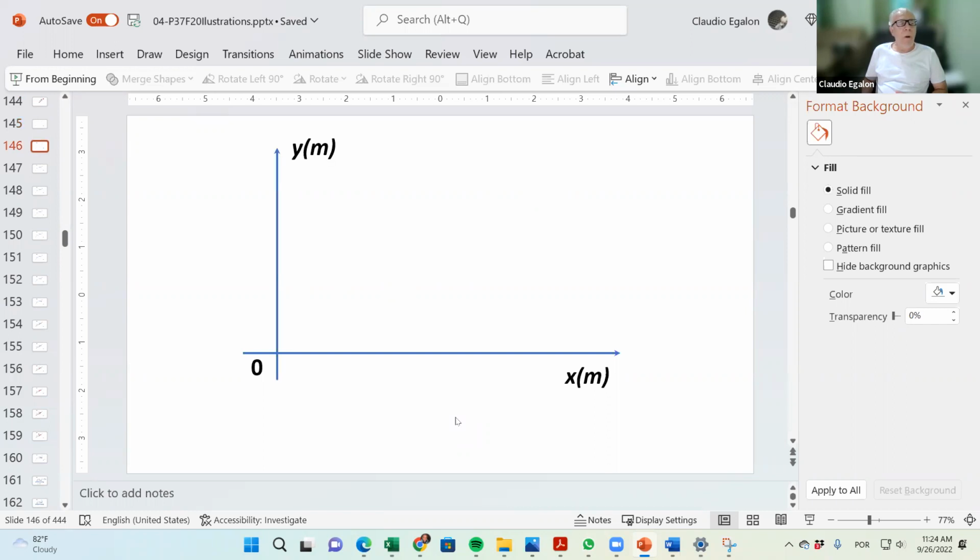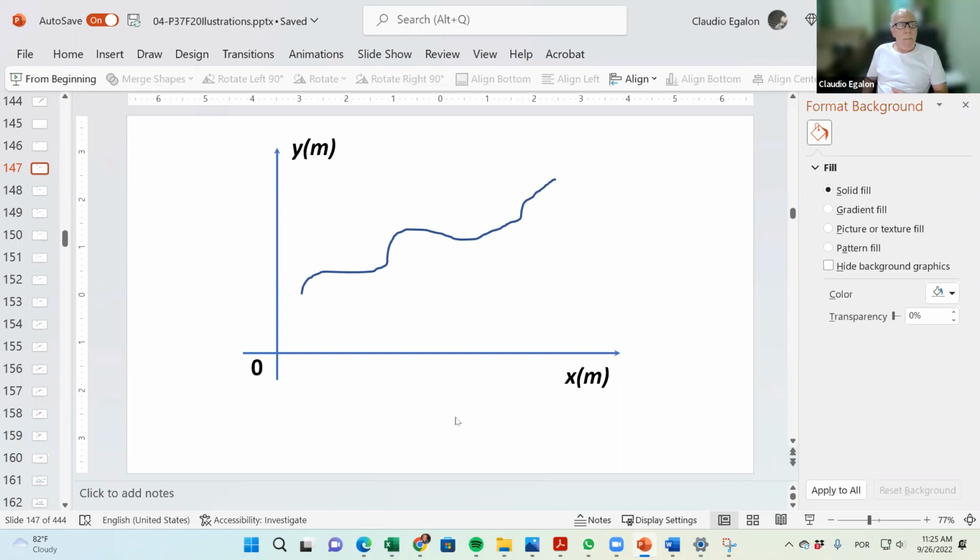We add the y-axis. Why am I doing that? Because we are illustrating motion in 2 dimensions now. So I need to know the x position and the y position of my particle. Here is the path of the particle, a very generic path. We are going to study more specific paths later, but this is how we introduce to the students the most generic one that you can picture.